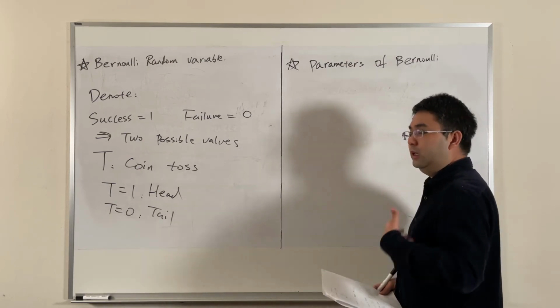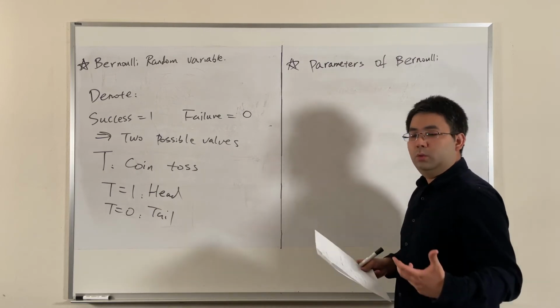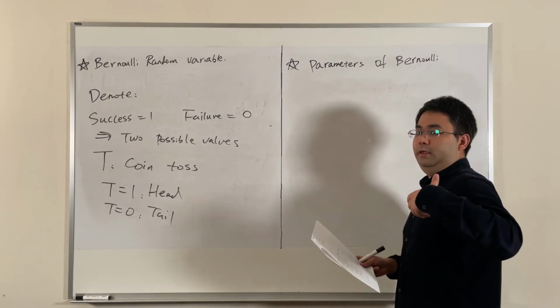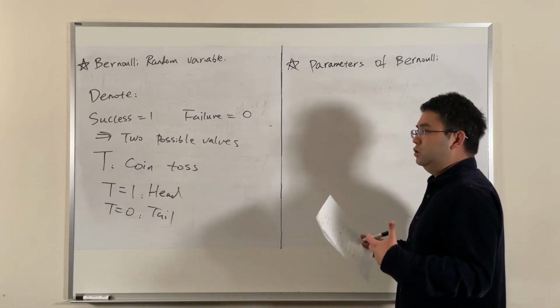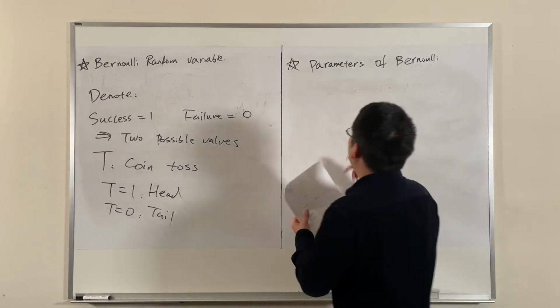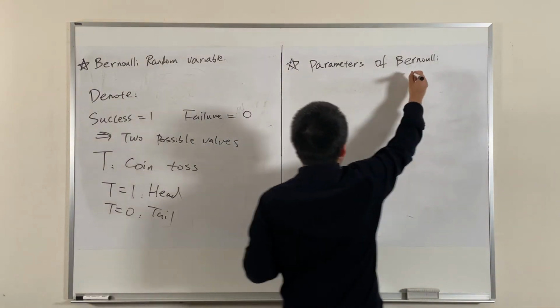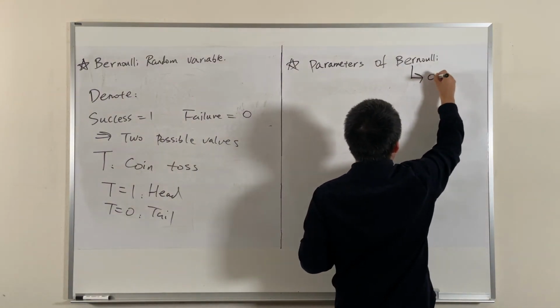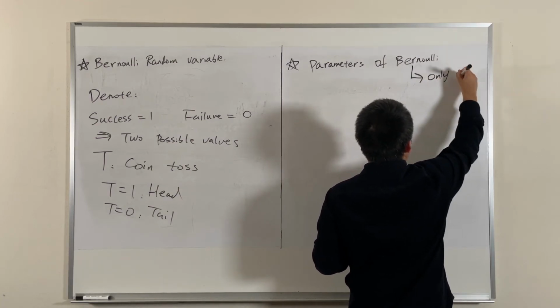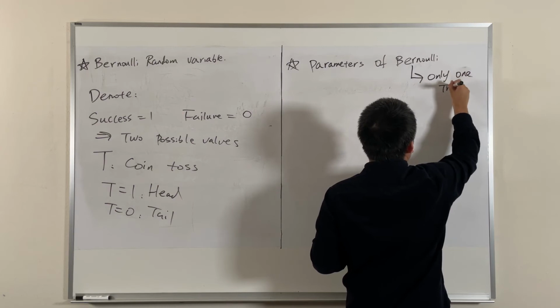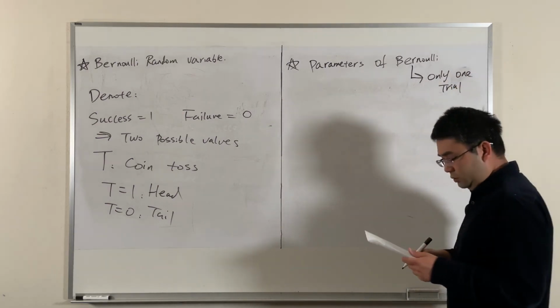Everything here is just done once. What's the probability of getting a head, or a tail? So for Bernoulli, we're doing only one trial.